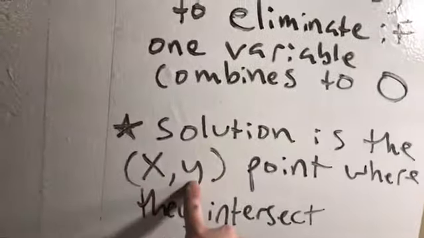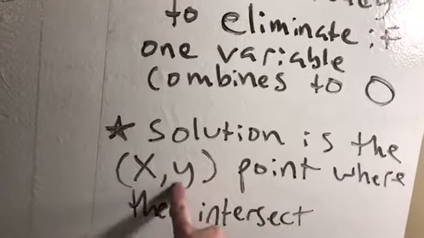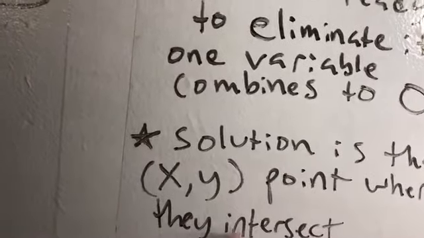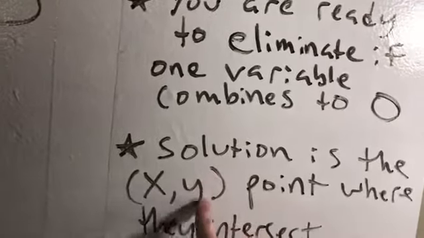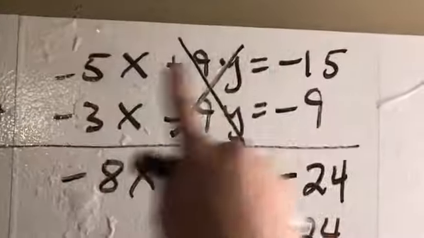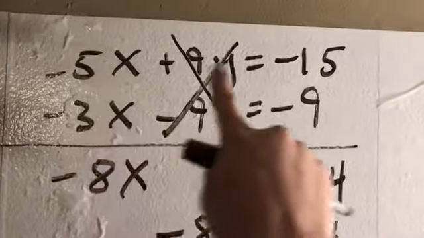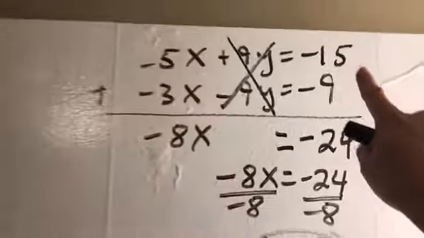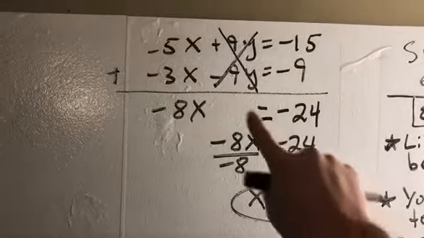Now remember, your solution is the x and the y value, the x and the y point where they intersect. So after you get your x, you have to go plug it back in to get your y. It does not matter which equation you pick, so I'm going to pick that top equation. Now I'm going to take my answer for x and substitute it in.